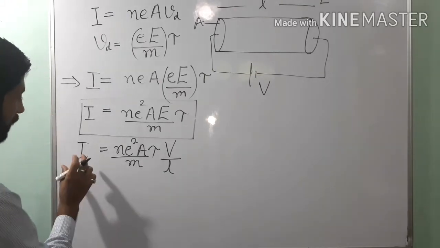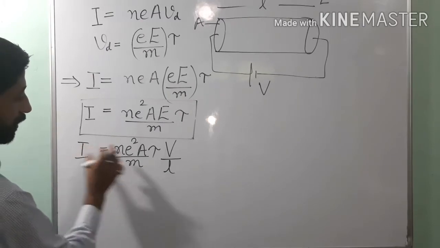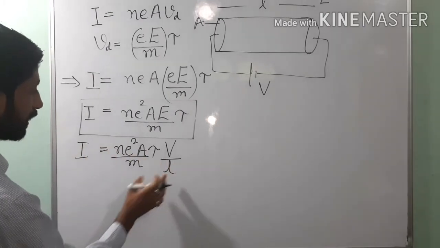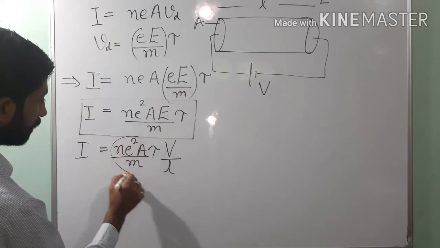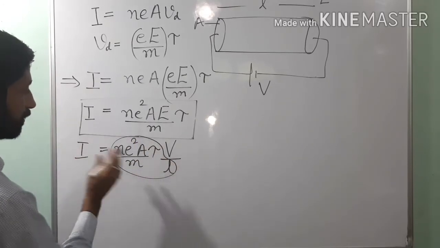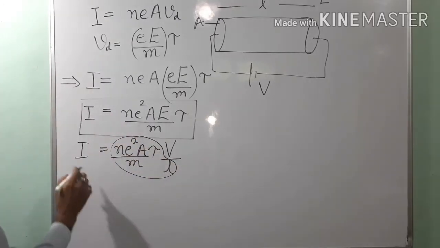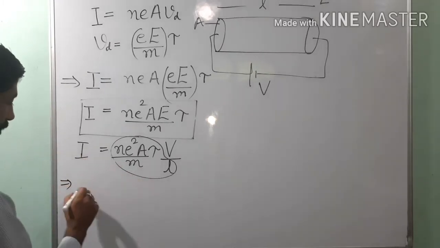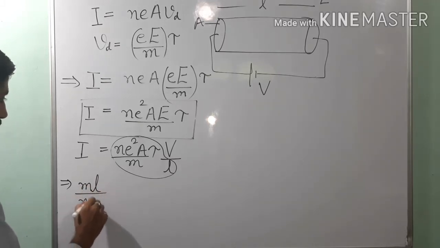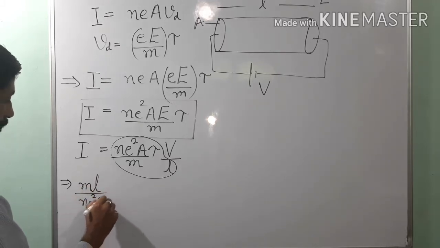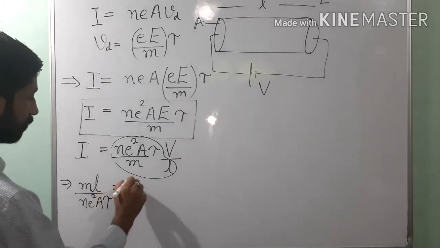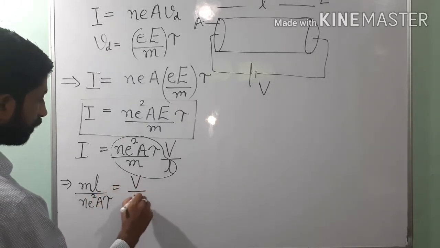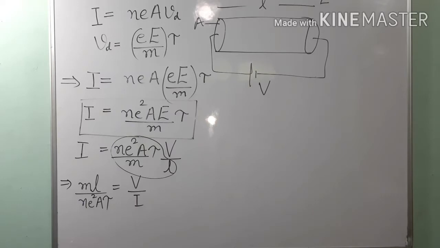If I take this I in the denominator and replace everything from here on the left hand side, by cross multiplication I get ml over ne²Aτ is equal to V over current I, right?